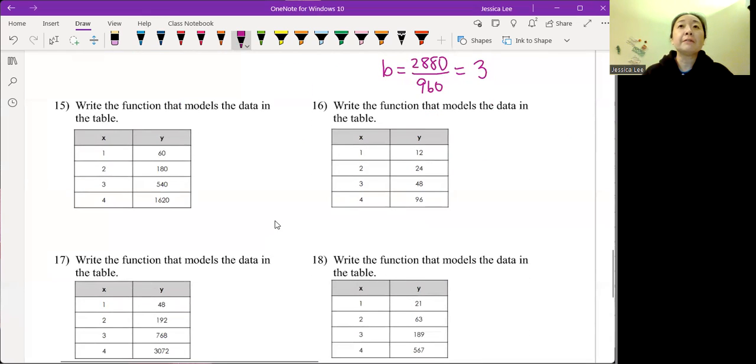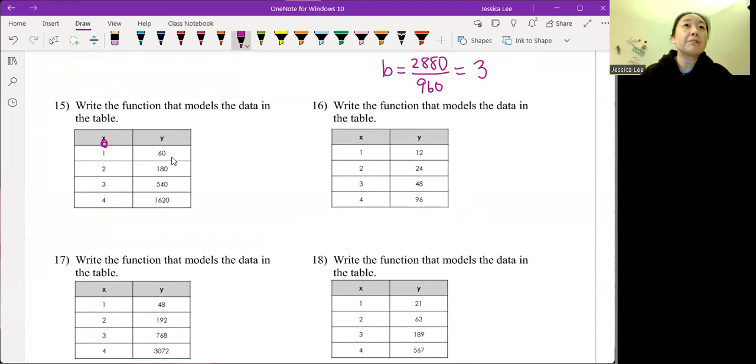So number 15. Notice that all of these next tables do not have a 0. We don't have the initial value, so we will have to calculate the initial value. Please pause and try it yourself. Let's try these out. Again, I need to find the initial value, that's the 0.